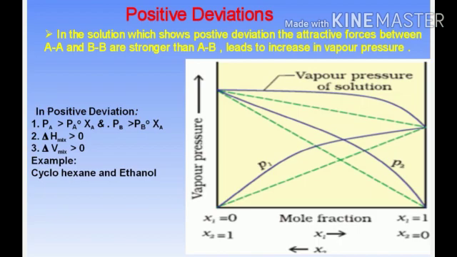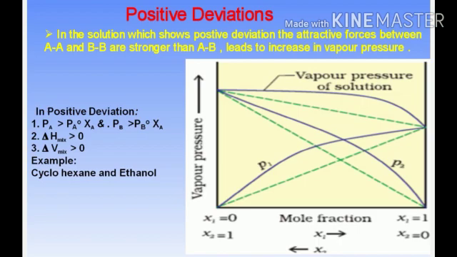Volume of the solution is greater than the sum of the volumes of two components. It is due to the decrease in intermolecular forces in the solution. Molecule being loosely held show an increase in volume on mixing, and delta H of mixing is positive, or we can say that heat is absorbed in the formation of such solution.